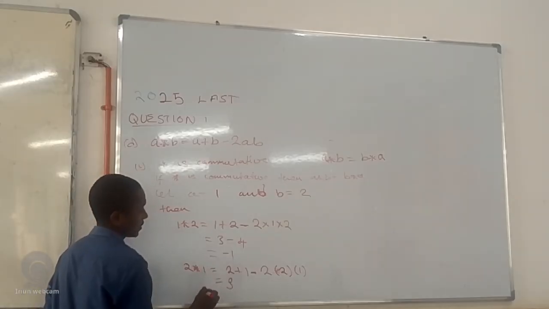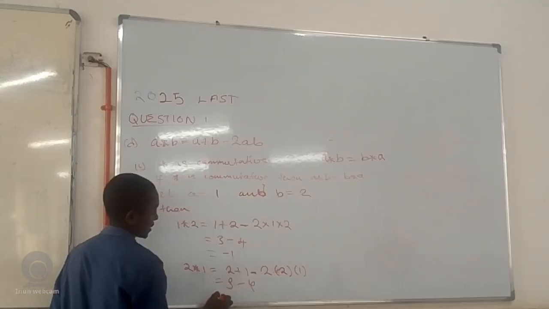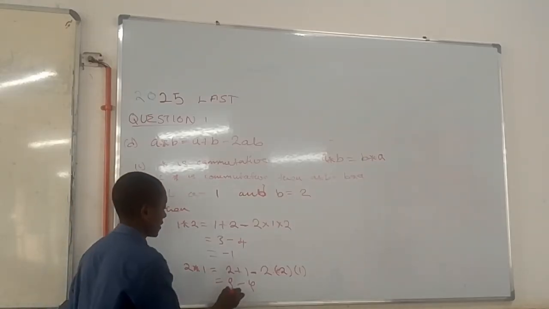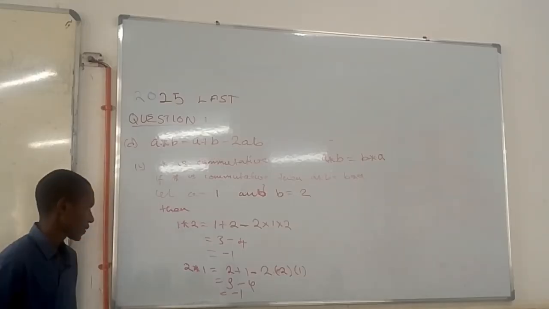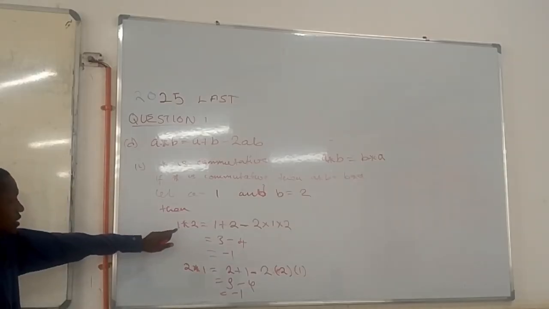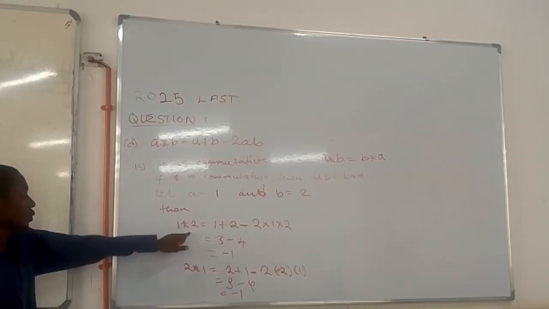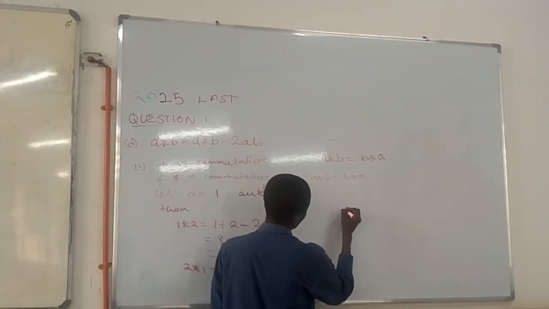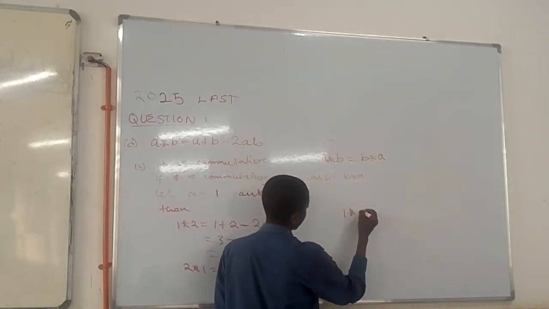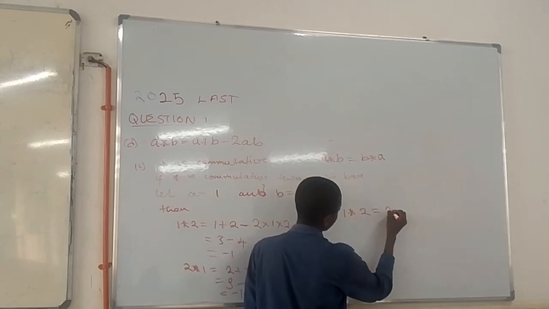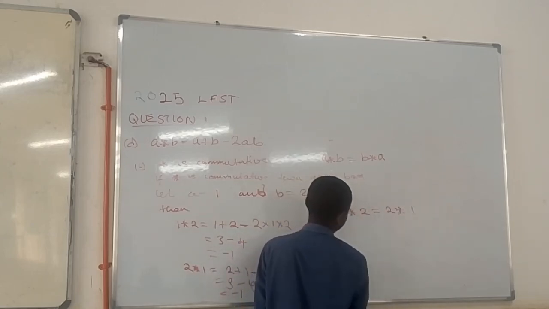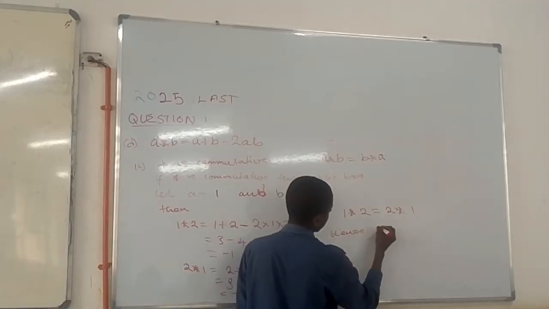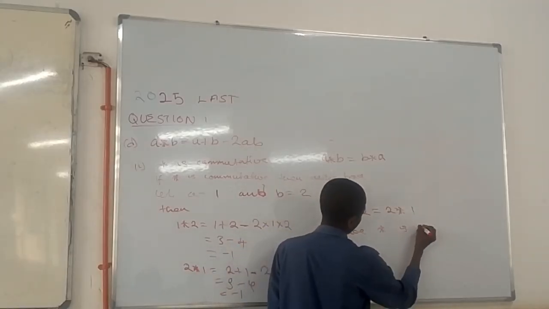So this is 3 minus 4. Okay, this gives us negative 1. So this is 1 star 2, this is 2 star 1. From this we can see that 1 star 2 is equal to 2 star 1. Hence, star is commutative.